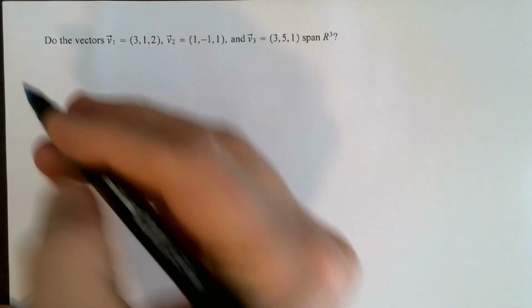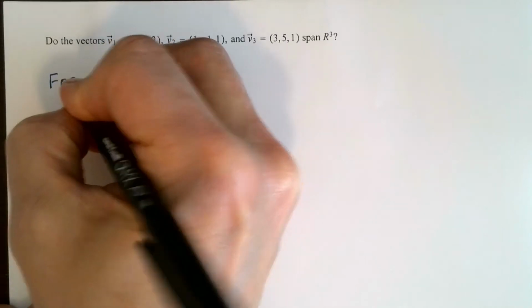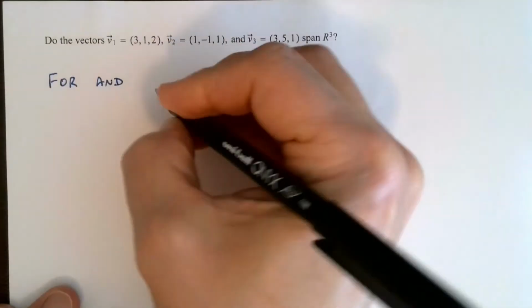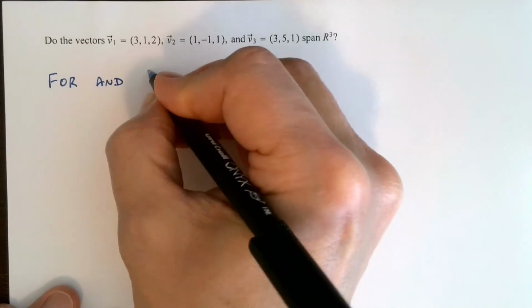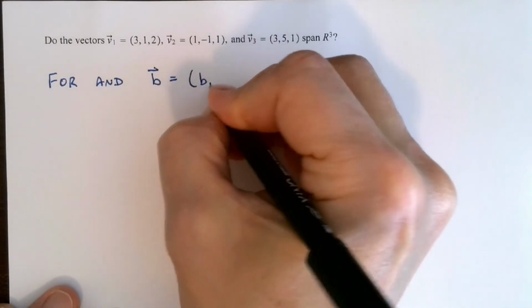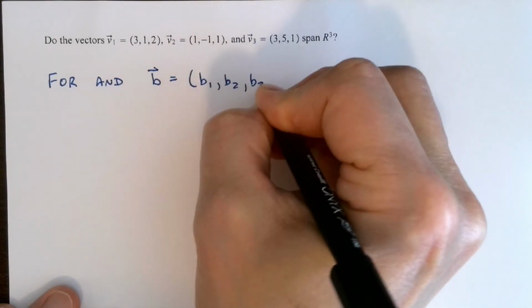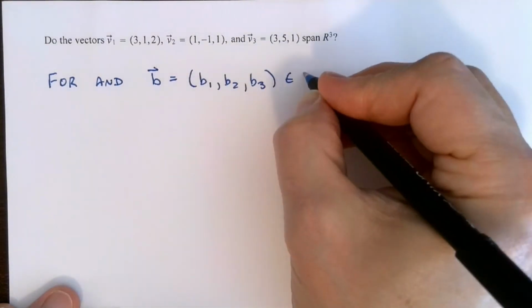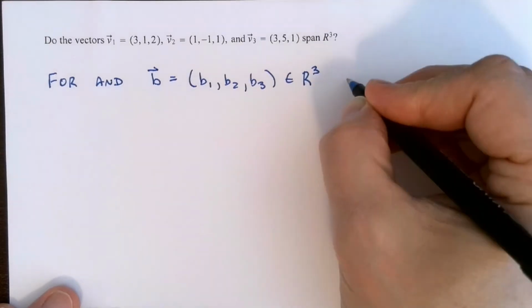That means for any vector in 3-space, let's call the vector b, and we'll say b is b1, b2, b3, in 3-space.